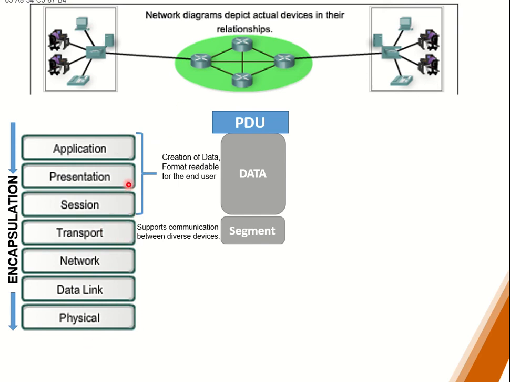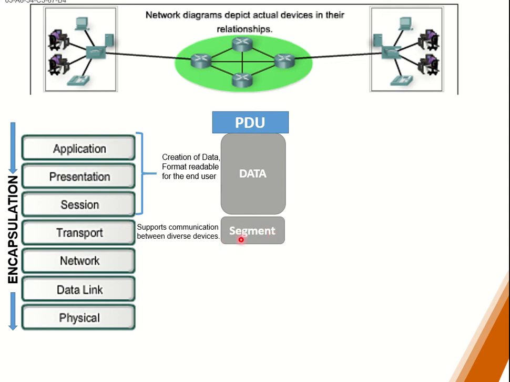Alright? So how does it work? This is the encapsulation process, wherein the information we created here, which has the PDU name data, reaches the next lower layer. Once the data reaches the transport layer, its PDU name changes into segment.